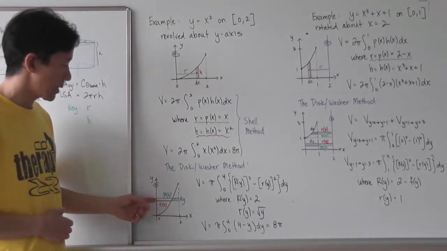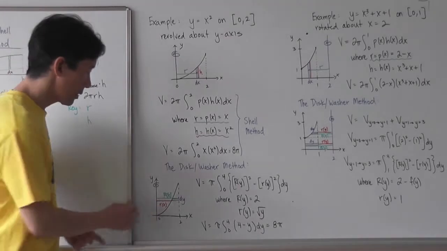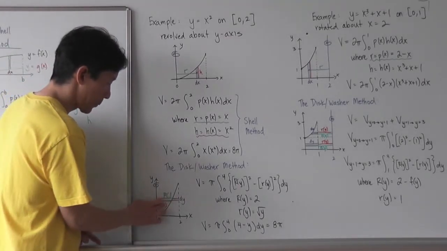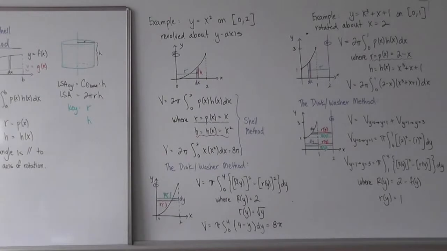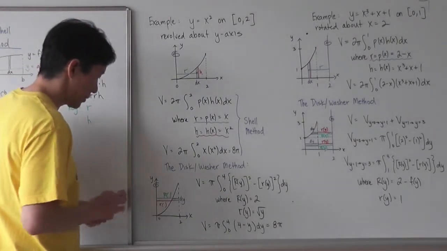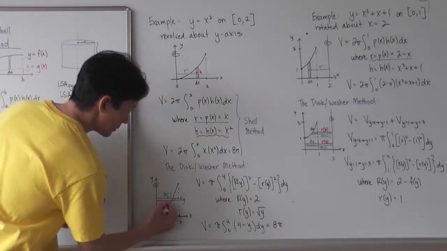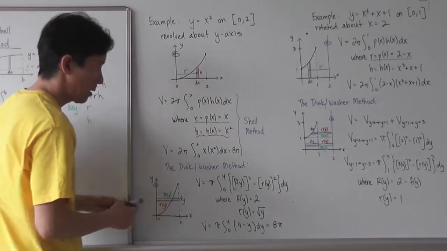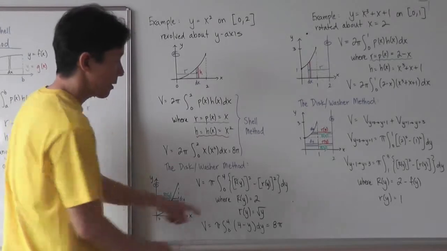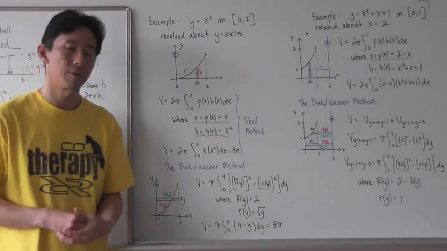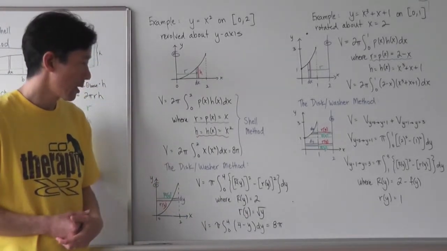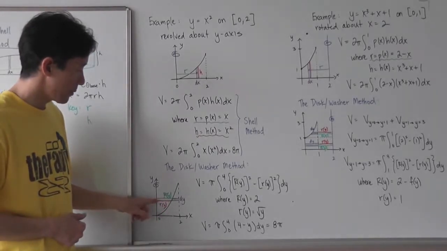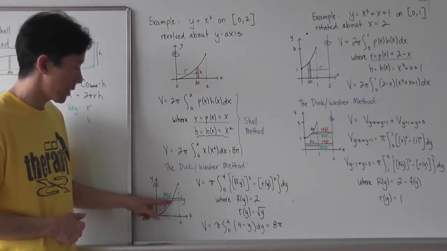Then our smaller radius, in terms of y, lowercase r of y is just going to be equal to the square root of y, because it's determined from this point here to this curve there.